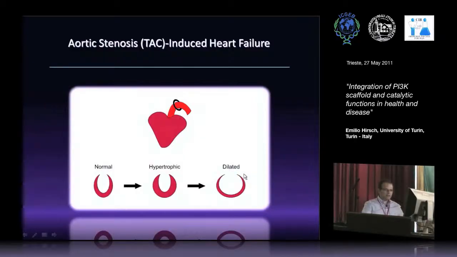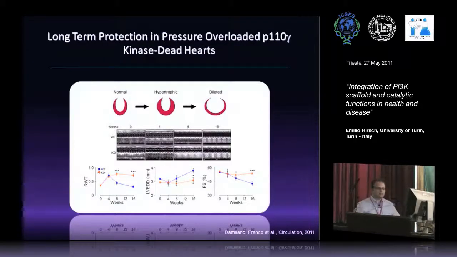So the interesting thing is that when we treated these mice in the model of aortic banding, we were able to see, at least in mice expressing a catalytically inactive PI3 kinase gamma mutant, a very striking protection. So I told you that after banding of the aorta, the hearts become more hypertrophic, but with time, the chamber of the left ventricle dilates and gets larger.